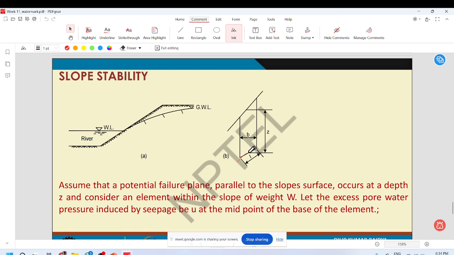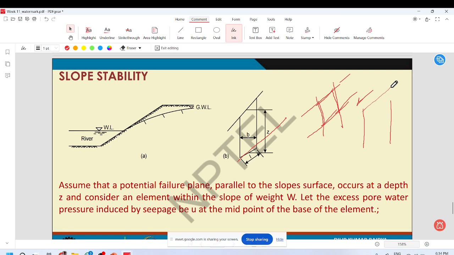So you have the slope like this, and this is quite long. So what you do is you take a unit section of the slope, analyze this unit section of the slope, and you apply the same logic to the entire slope. Okay.